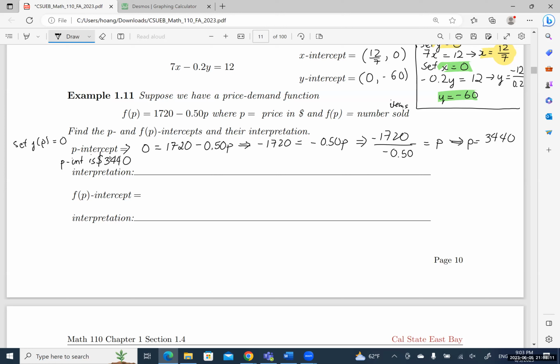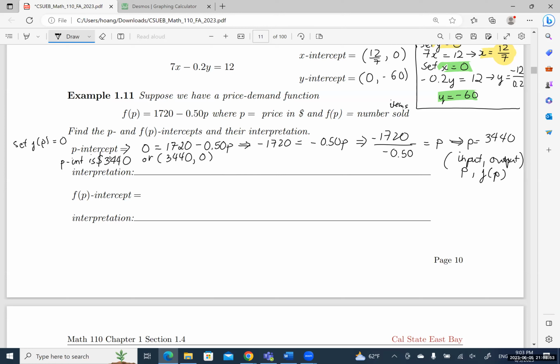On the point in ordered pair, you can write as 3440, comma 0 for f of p, right? So usually, I mean, always we have input first, and then after that output to write an ordered pair, right? So input, comma, output, and input in here is p, and output in here is f of p, something like that.